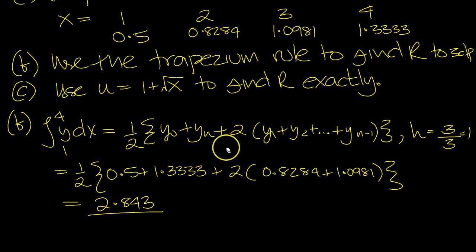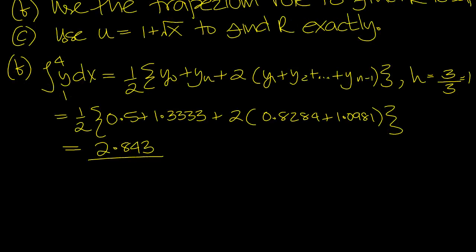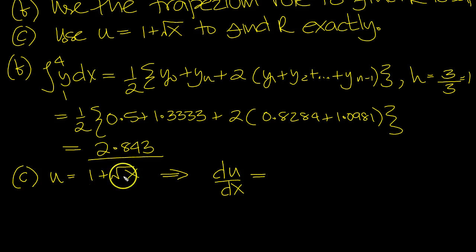Okay, now part C, use this substitution to find R exactly. So u is equal to 1 plus the square root of x, so du dx will equal, this will go to 0, x to the half is a half, x to the minus a half.